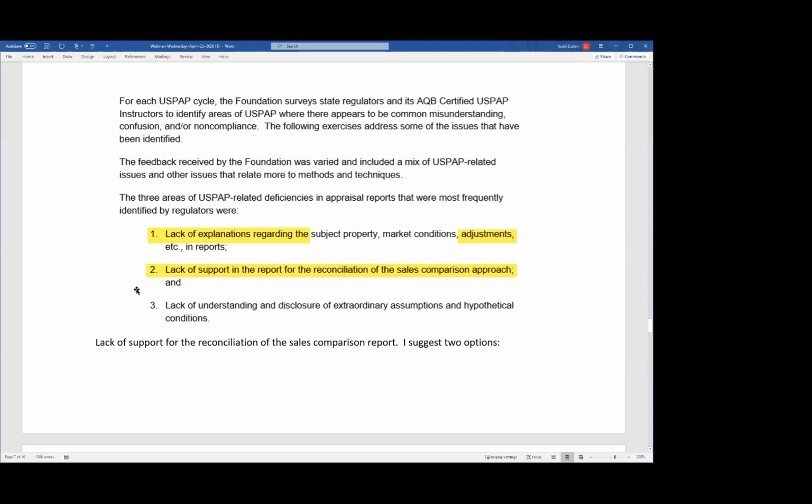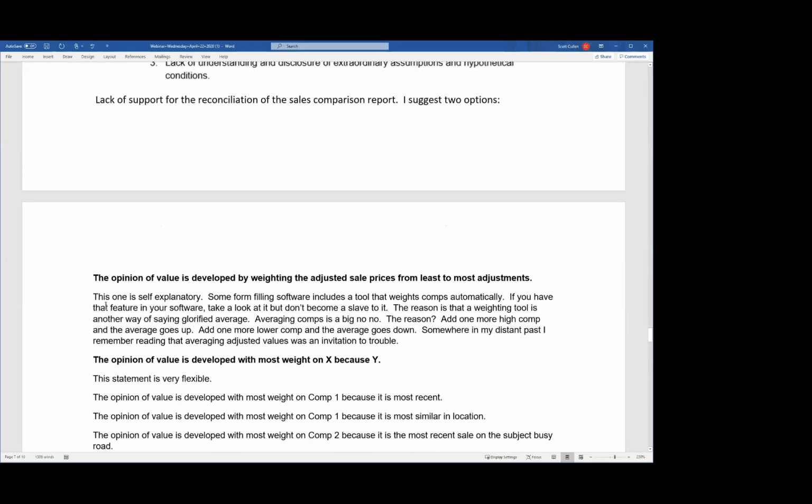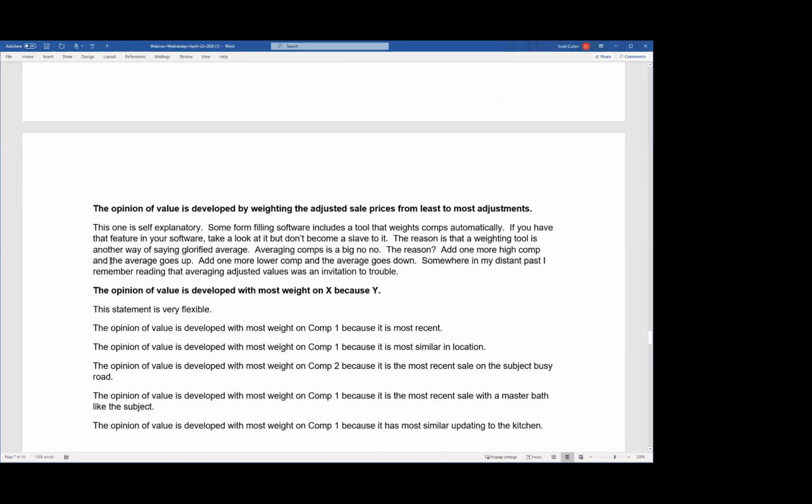So I came up with some terminology that has really helped me. The idea is that to reconcile the sales comparison approach, I use one of two options. The opinion of value is developed by weighting the adjusted sale prices from least to most adjustments. It's pretty simple.